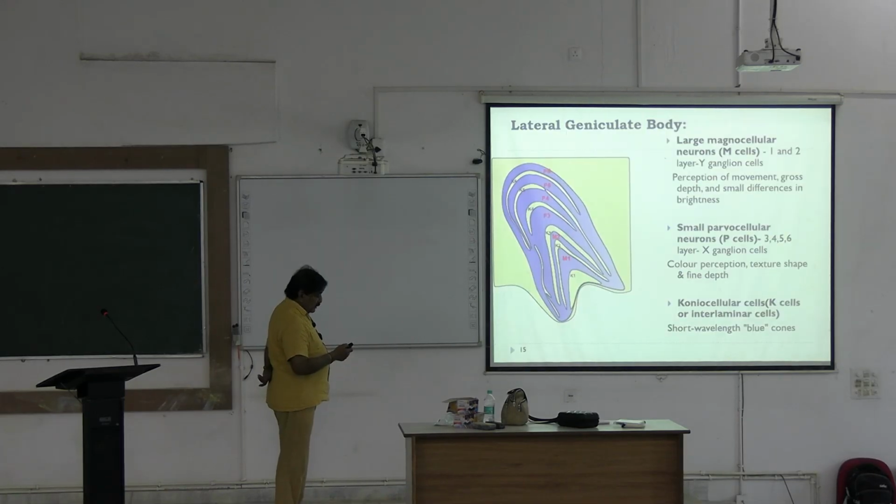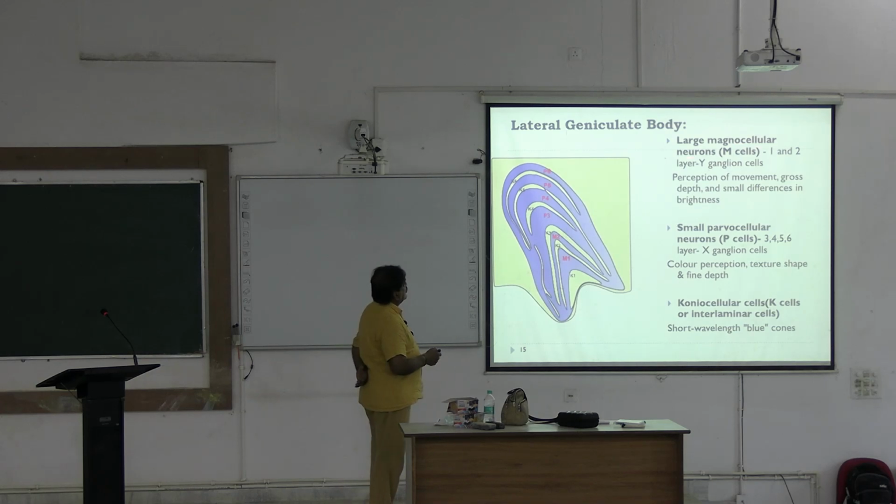Now, lateral geniculate body, large magnocellular neurons, M cells, these M cells here. Perception of movement, gross depth, large magnocellular neurons, M cells, layers 1 and 2. Now, perception of movement, gross depth and small difference in brightness.